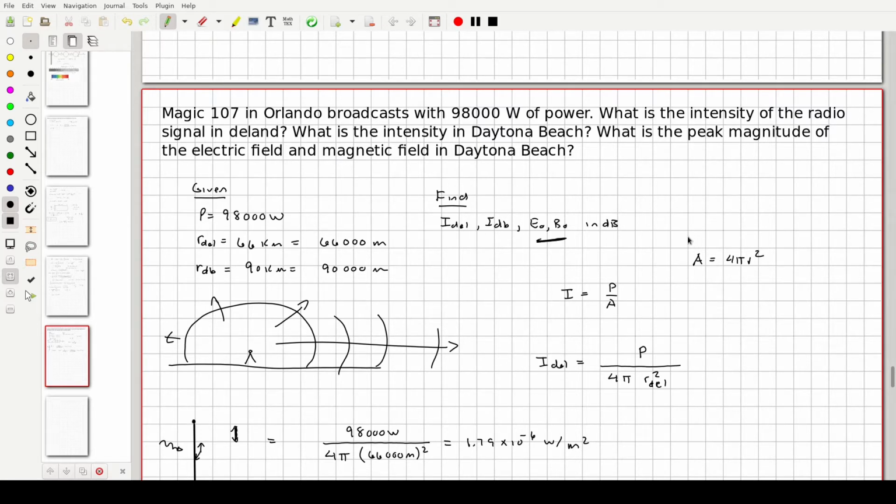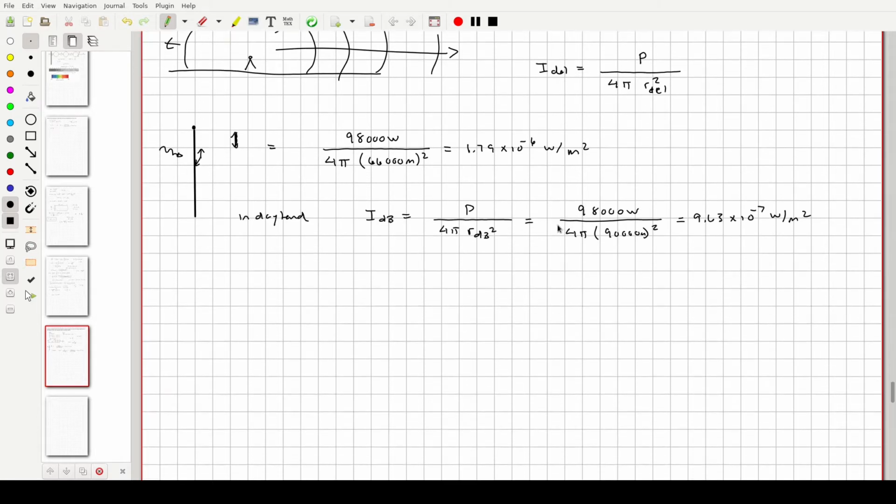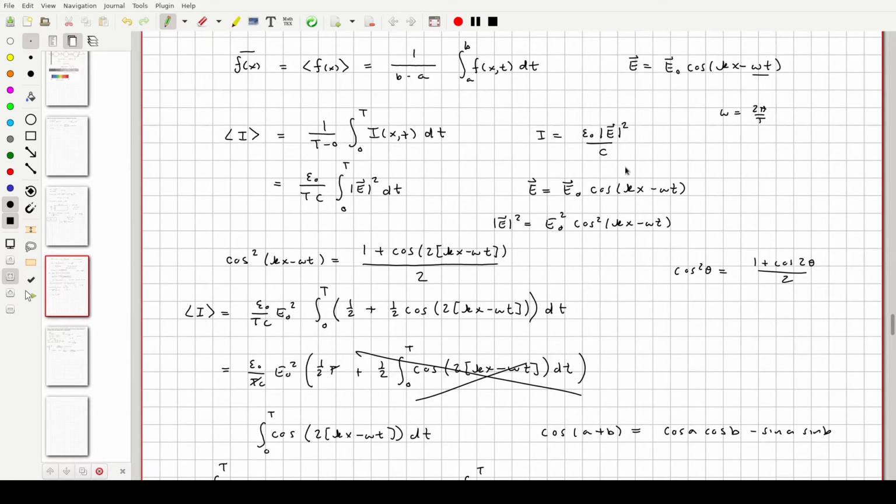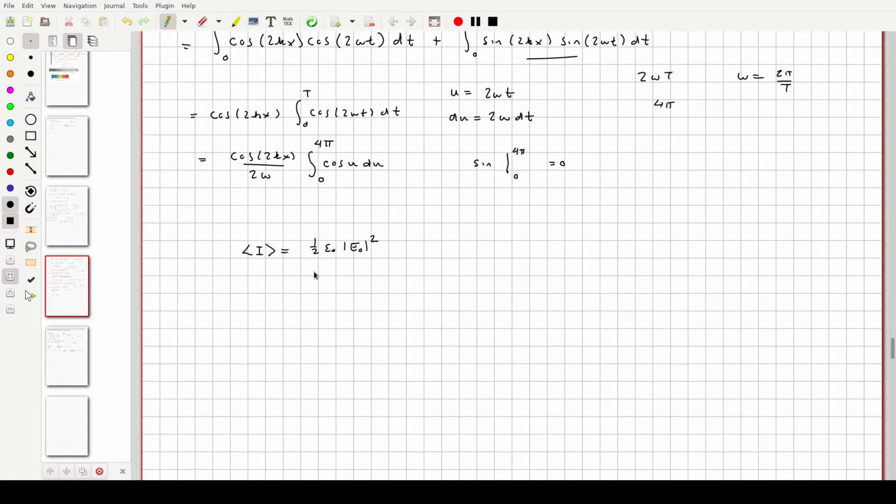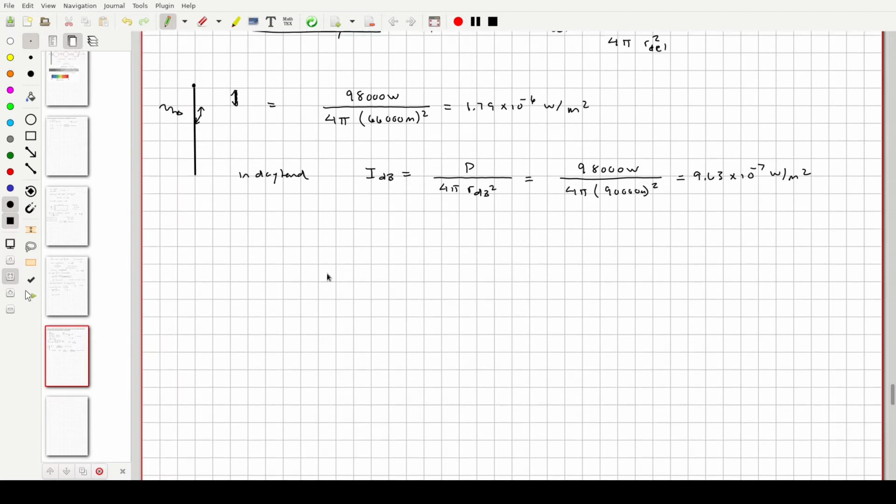What about the magnetic field and the electric field? Well, we have relationships between intensity, electric fields, and magnetic fields. So right here, the intensity on average is 1/2 epsilon naught times E squared. And we also know that the relationship between the electric field and the magnetic field looks like this: the electric field is equal to C times the magnetic field.